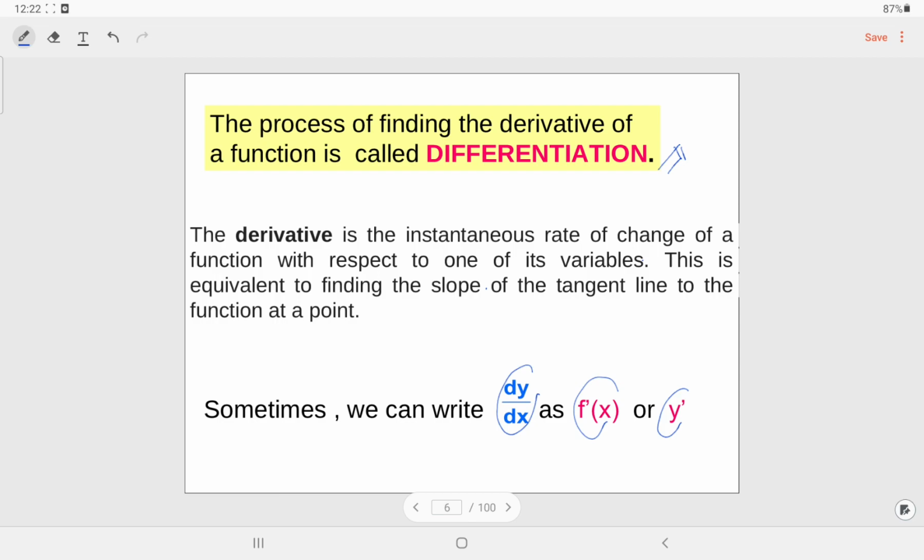So if f(t) represents the distance traveled at time t, then f prime t is the velocity at time t, while the second derivative of the function represents its acceleration. That is an application of differentiation.